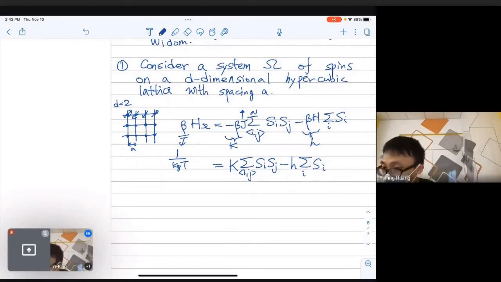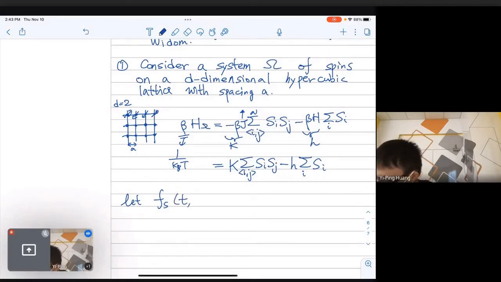Now we can try to study this model. As we mentioned, we care about the free energy behavior near the critical temperature and the critical field. We also know that near these critical points, the free energy has some singular behavior, and we are interested in how these singular parts behave.